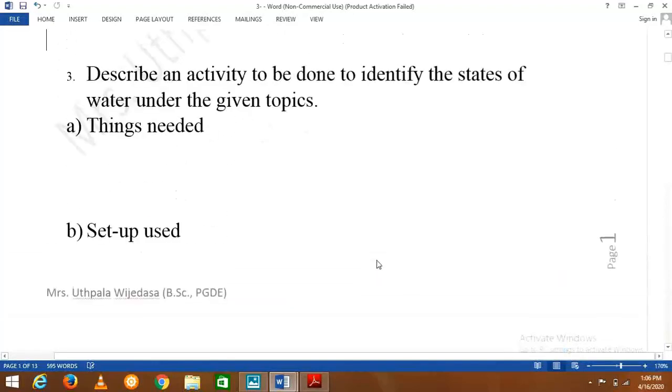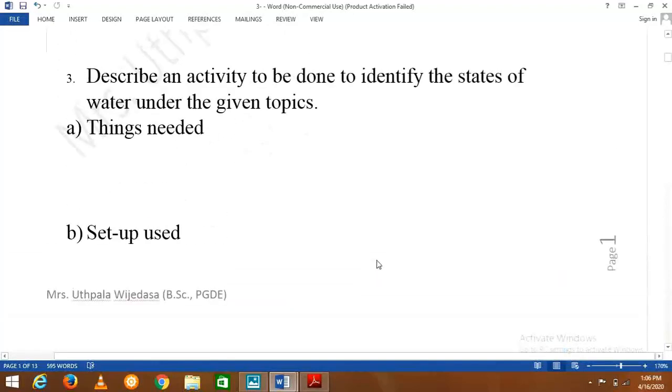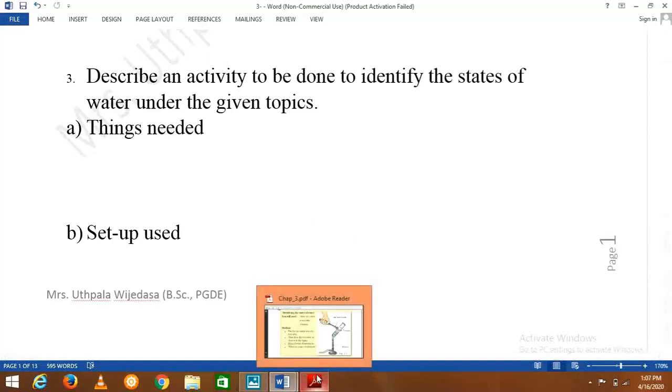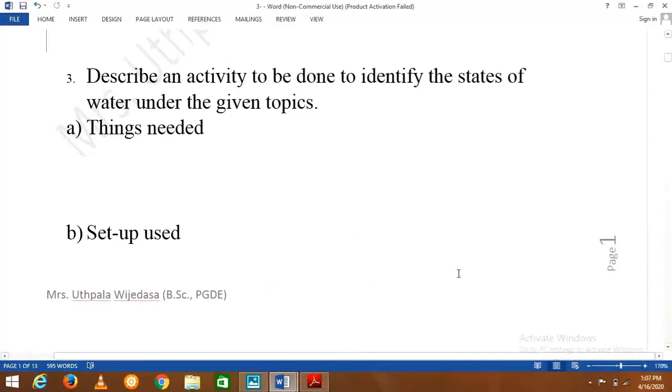Then, as the third question, you are asked to describe an activity to be done to identify the states of water under the given topics. Here, water is a matter. You know, there are 3 states for matter, and therefore water also has 3 states.